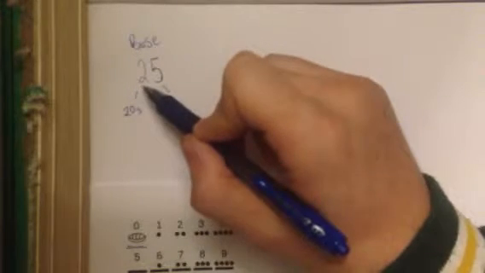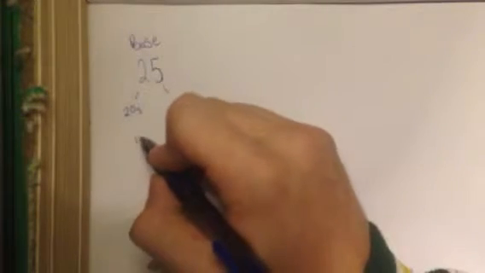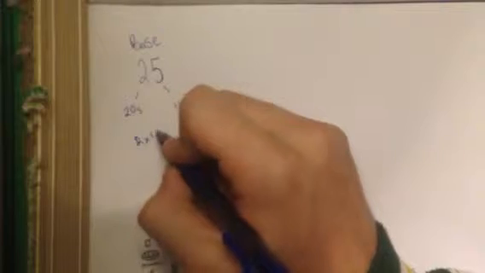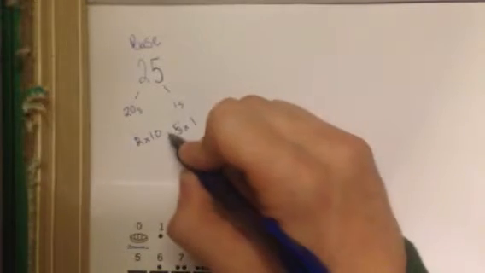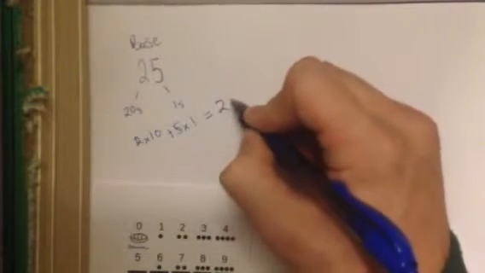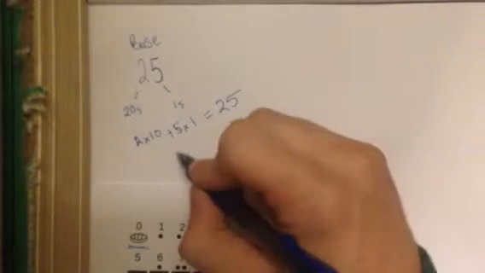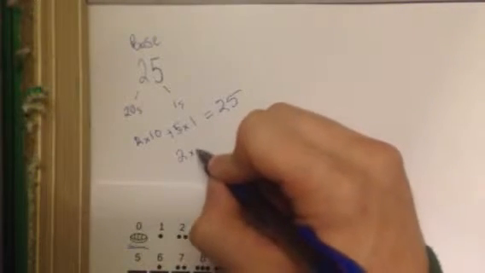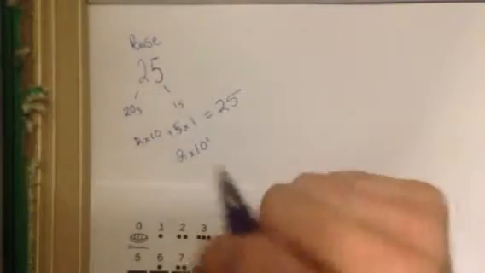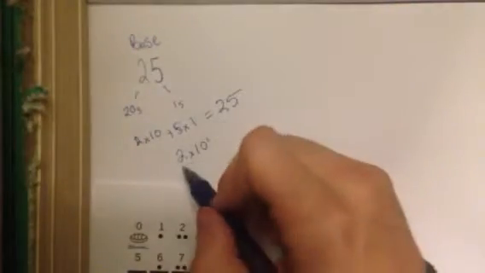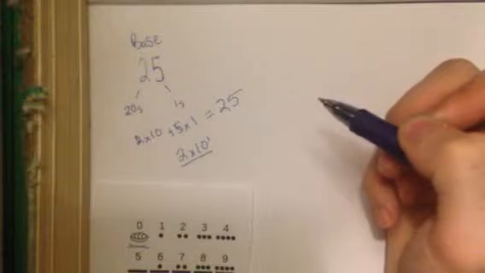So that's 2 tens, which is 2 times 10, and 5 times 1, and you add them together to get 25. Or you can write that as 2 times 10 to the first power, but we don't really want to get into that. It's just a number so small, so we don't do that, but that's another notation that you could write that in.